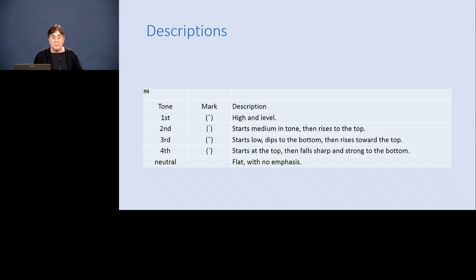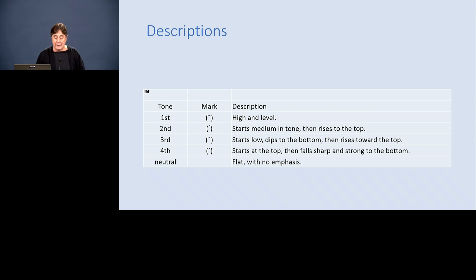So we mark them, and the description, which I've already mentioned, we mark the first tone with a straight line, very much like it looks like on your personal register, right? So again, ma, and that tone mark would go over the a. Ma. Second tone, ma, starts medium in tone, and then rises to the top, right? Ma.